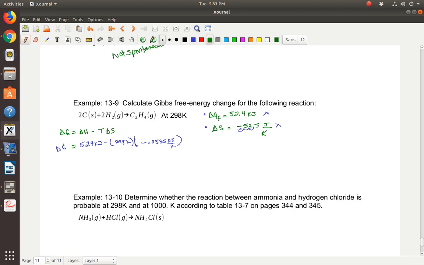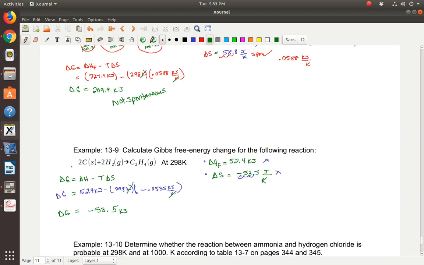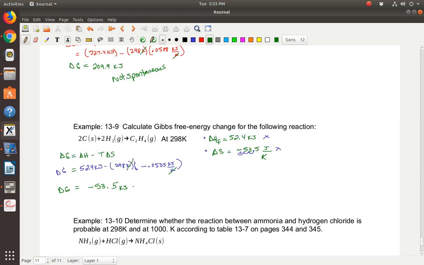Alright, so cancel out your kelvins and then add these all together, and the value we get for this situation is a negative 53.5 kilojoules. So delta G is a negative 53. So up here it was a positive, and that's not spontaneous, but here it's negative and it is spontaneous.